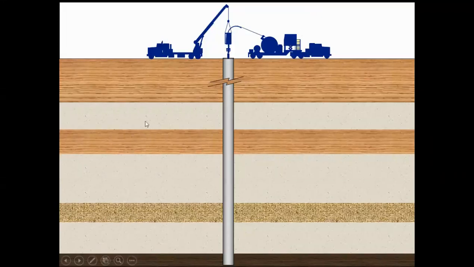So this is the well, and these gray parts are the reservoirs that you need to frac. So what will you do first? You will run the coil tubing unit and run the coil into the particular depth at which you need to create the perforations, to establish communication with the reservoir.